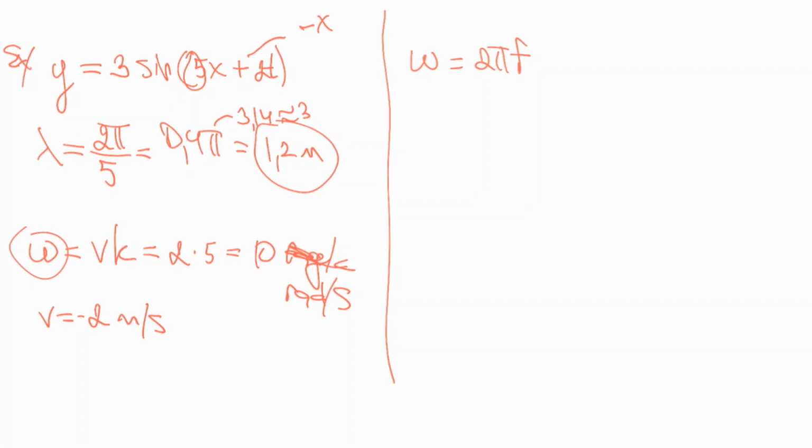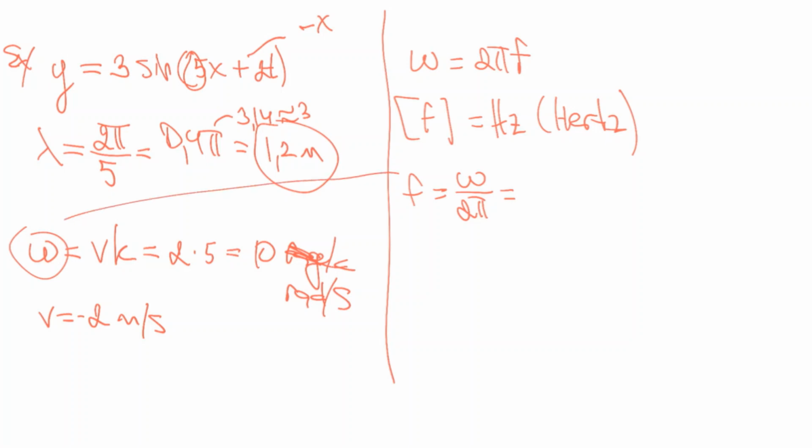And the frequency, by the way, is measured in hertz. It's denoted by Hz, hertz. Of course, it won't be so difficult to find the frequency if I divide omega by 2 pi, omega over 2 pi. In this example, I have omega as 10 radians per second, divided by 2 times 3.